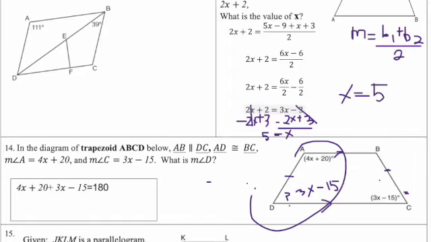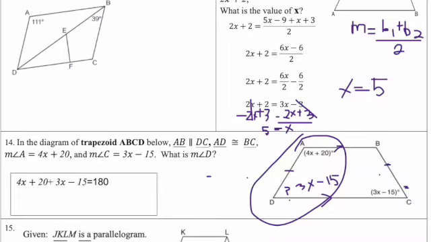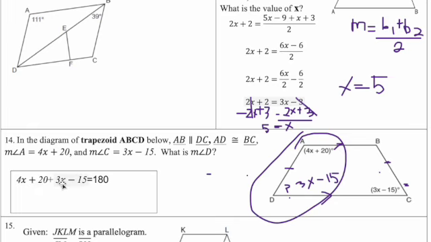And we also know that consecutive angles, or adjacent angles, angles that are next to each other, add up to 180. So we put an equation together: 4x plus 20 plus 3x minus 15 equals 180. We get 7x plus 5 equals 180.